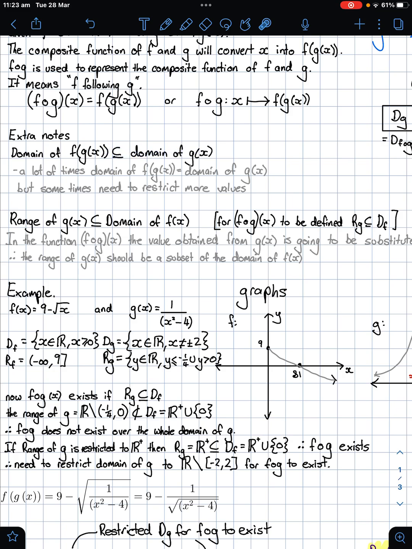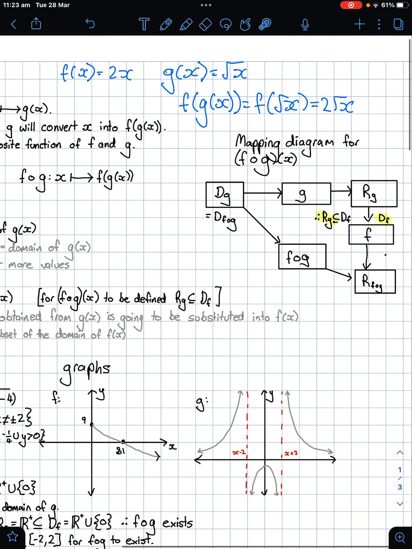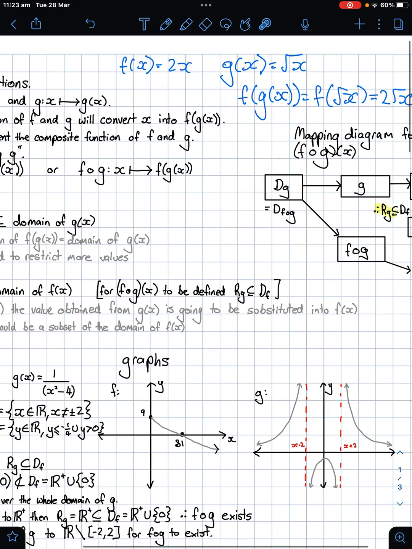So when we work out the domain of g, we're going to restrict that straight away, and as far as we're aware, this domain of f of g, when we do our composite function, is fine. We can put those values in there.